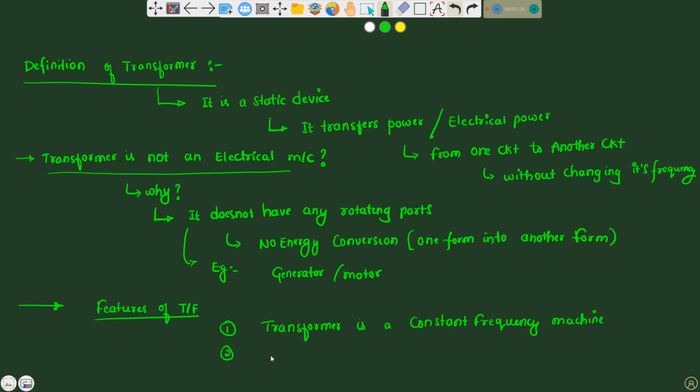Then the transformer is a constant flux machine.